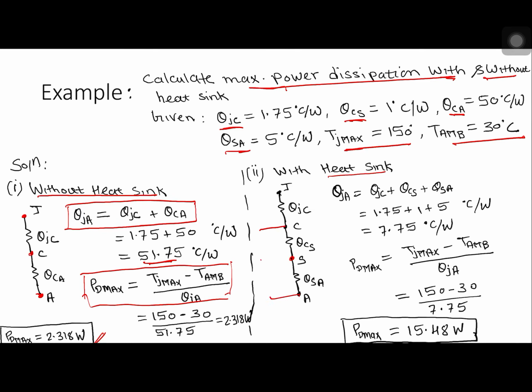Okay, so this is the heat sink. In that case the total thermal resistance will be calculated by addition of all three. So this is your thermal resistance, add them, you get this. Use the same relation again, but in this case you see power dissipation is more, it's 15.48 watts. So you can see by using a heat sink, power dissipation has improved or increased.